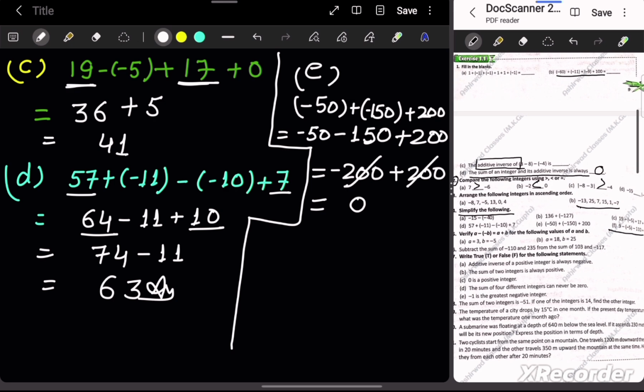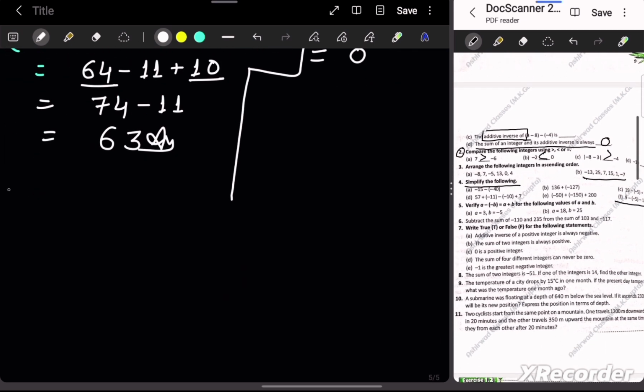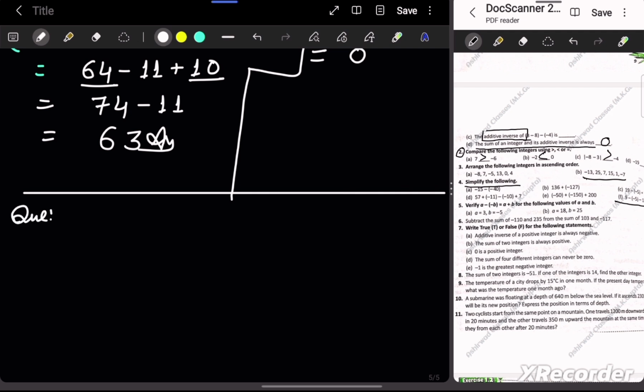F part is homework. Now question number 5. What is question number 5?